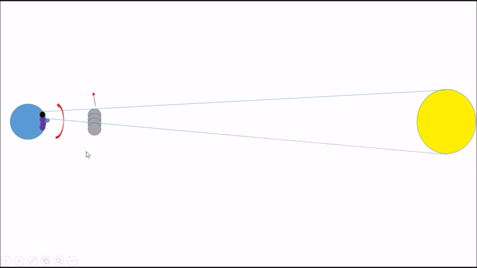And I expect there'll be somebody out there who'll say, well, why doesn't it happen every month then? And the answer to that is very simple. It's that the moon's orbit is not in the same plane as the Earth's orbit around the Sun. There's about a 4 or 5 degree difference, which means that only occasionally does the orbit of the moon cross the orbit of the Earth around the Sun.